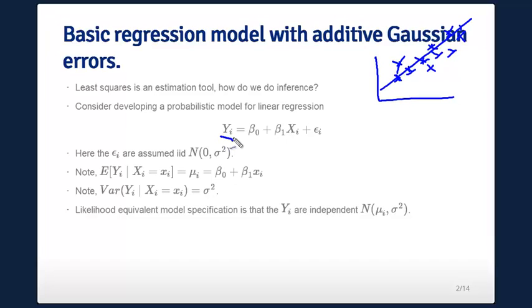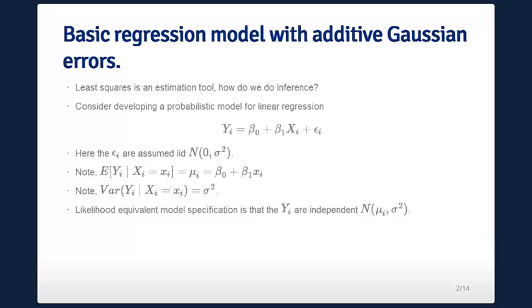Why don't we say that our y's, our outcomes for person i or measurement i, is a line, beta naught plus beta 1 x i, plus a random error term, where the error terms are assumed to be IID. It's not necessary to assume they're Gaussian for all parts of what we're doing, but we're going to frequently rely on Gaussianity of the errors.